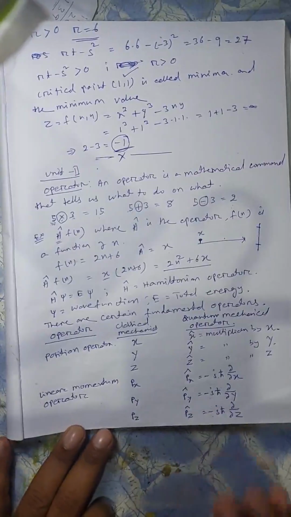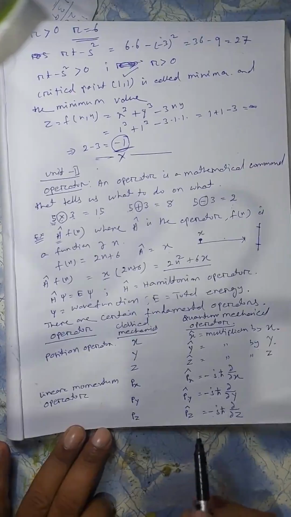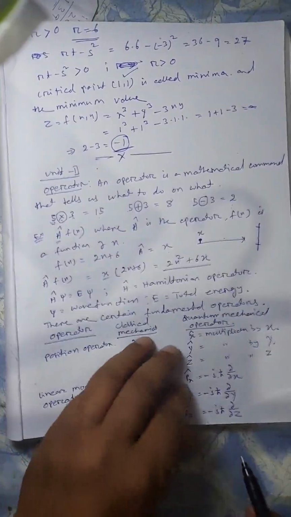This is how we can operate on a function using the quantum mechanical operator. So these are called the fundamental operators in quantum mechanics.